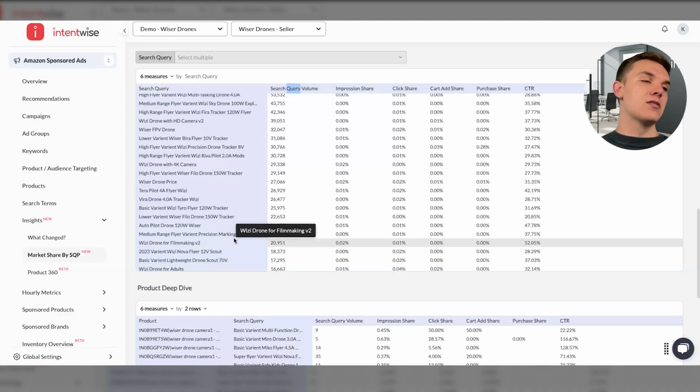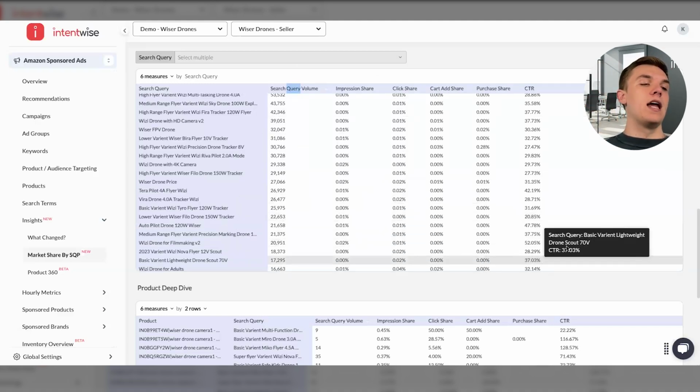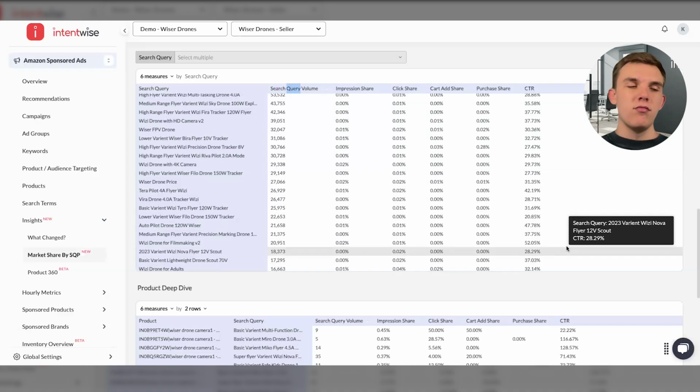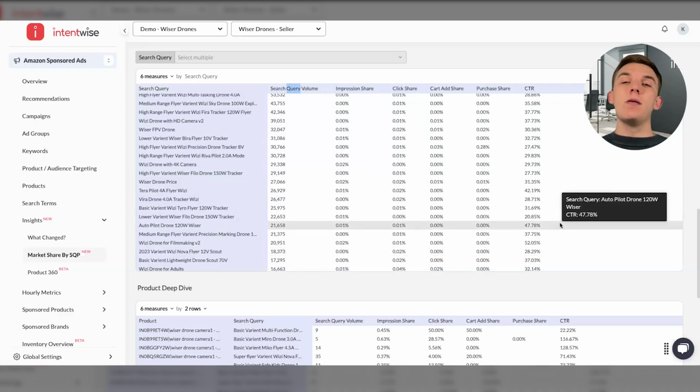So these type of things, I'm seeing good volume on them, and I'm outperforming even myself from a click-through rate perspective. So not only could I compare to the category, but I can also find the search terms where I'm outperforming myself. Because maybe across the board my images just aren't good, and so I'm underperforming from a click-through rate perspective across the board. Or the opposite: my images are great across the board, and so I'm always outperforming from a click-through rate perspective.